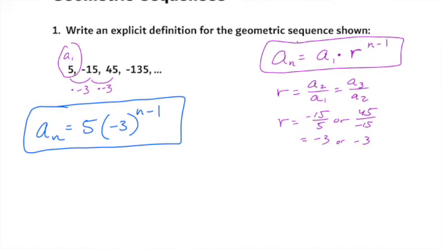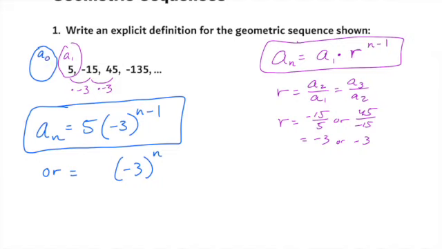But suppose you don't like to have the exponent be n minus 1, or it's a multiple choice situation and that answer isn't present. There's another way of doing it, which is instead of using a1 and n minus 1 as your exponent, using the 0th term, so using the previous term.